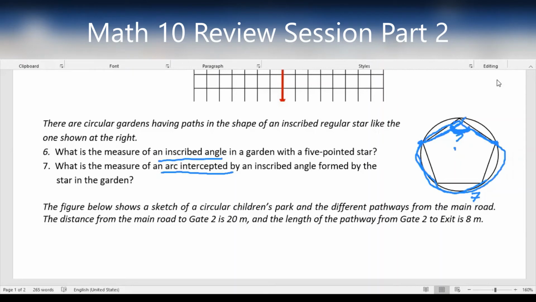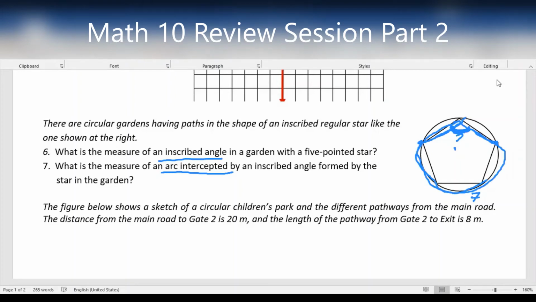Wait, may konting mali. Okay, yes, check. Very good ka. Very good, Francine. Margaret, yung isa mali. Yung isa lang ang check. Ana, sorry, two answers. Two answers.